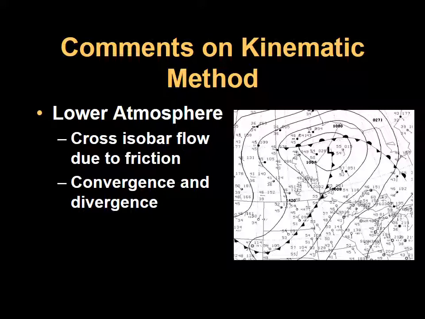Friction of the wind causes cross-isobar flow. You guys have seen that on weather maps where the wind is going across the isobars. When the wind is going in across the isobars, it causes convergence. When it's going out across the isobars, that causes divergence. So in the lowest layers of the atmosphere, you can actually see the convergence and divergence very well.